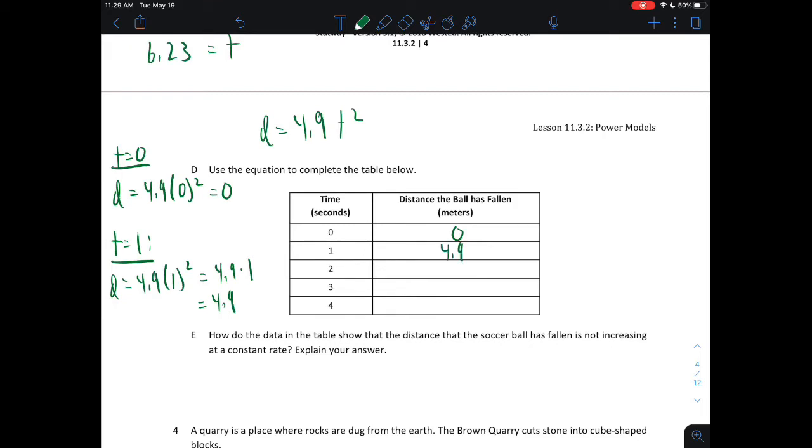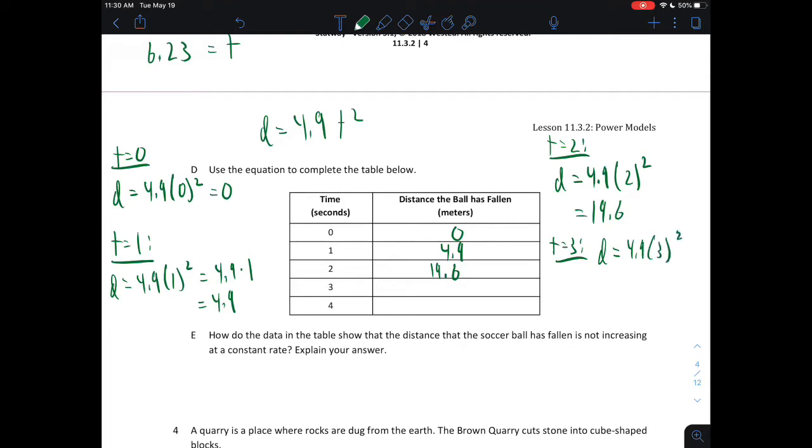And now how about the rest? t equal to 2. That would give us d equal to 4.9 times 2 squared. Now it seems appropriate to grab our calculator. 4.9 times 2 squared. That gives me 19.6 meters. And then for t equal to 3, again, this will just be d is equal to 4.9 times 3 squared.